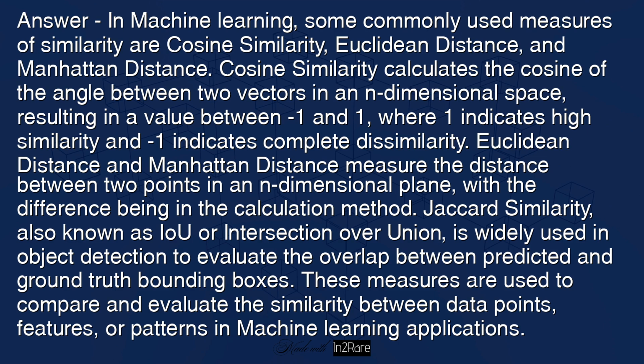Euclidean distance and Manhattan distance measure the distance between two points in an n-dimensional plane, with the difference being in the calculation method. Jaccard similarity, also known as IoU (intersection over union), is widely used in object detection to evaluate the overlap between predicted and ground truth bounding boxes. These measures are used to compare and evaluate the similarity between data points, features, or patterns in machine learning applications.